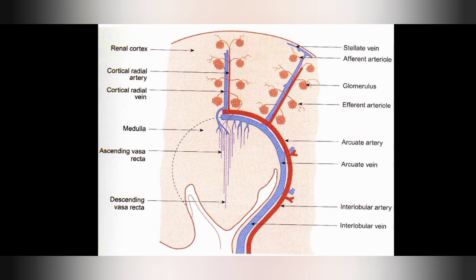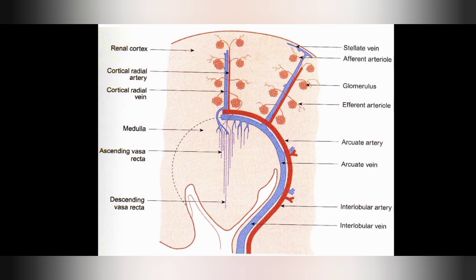More than 2 million nephrons. Now, this single renal artery should be branched into more than 2 million arterioles, and only then is it possible to supply each glomerulus of more than 2 million nephrons in each kidney. So that is the pathway.